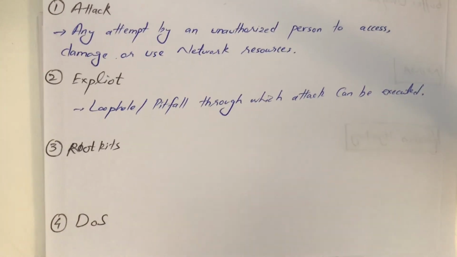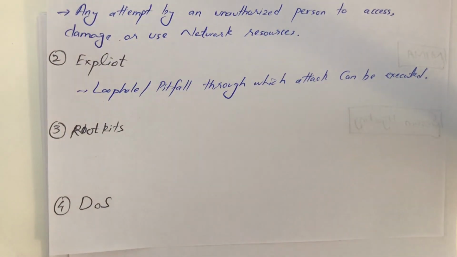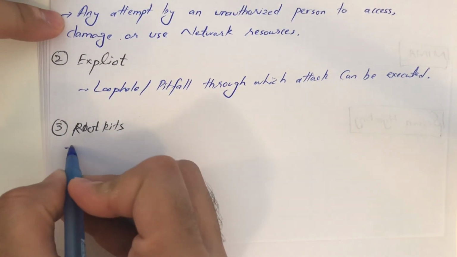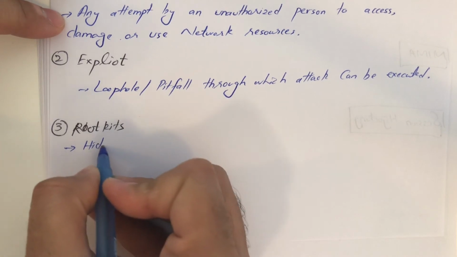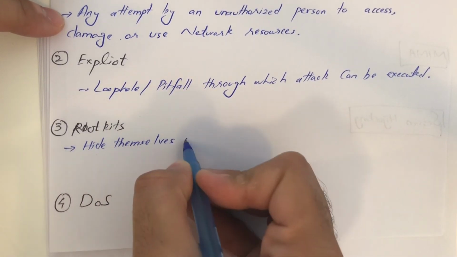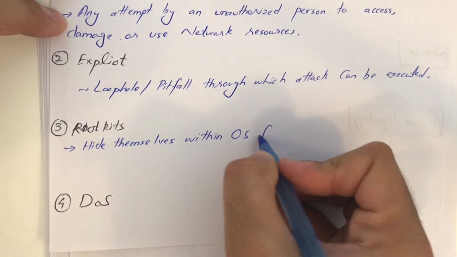One of the types of malware which I missed in the previous step is called rootkits. Rootkits hide themselves within operating system files.